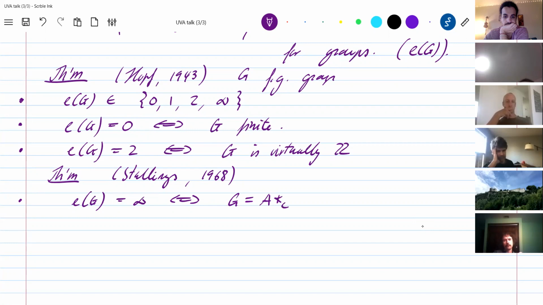So then our group will either split as an amalgamated free product or as an HNN extension with C finite and C kind of small enough inside A and B.